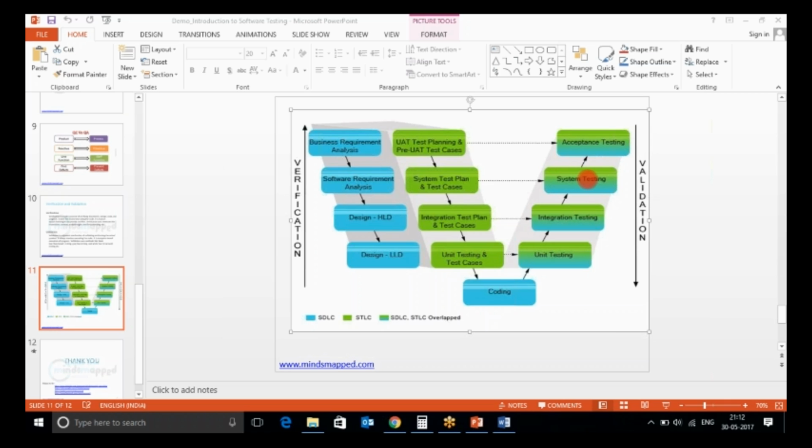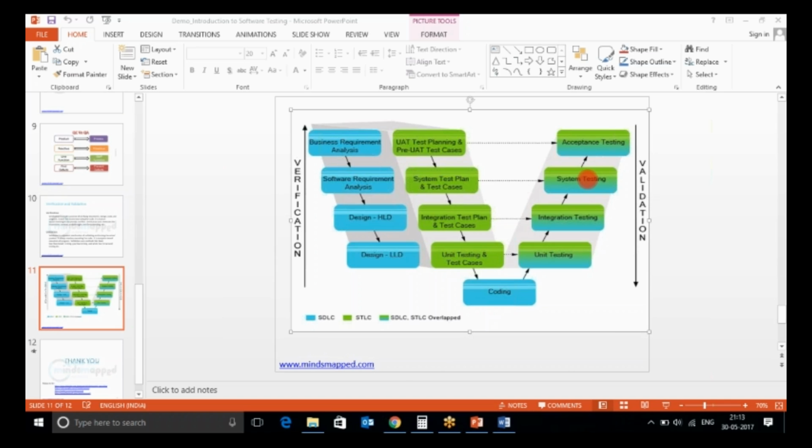System testing is checking the end-to-end workflow of the whole system. As in, you are able to log into Amazon.com, search for products, browse for products, choose the product, add it to your cart, enter all your shipping details, your card details, or whether it's going to be cash on delivery, and then place the order for delivery successfully or not.